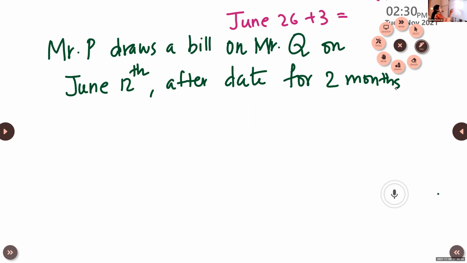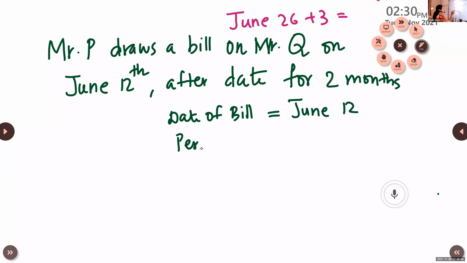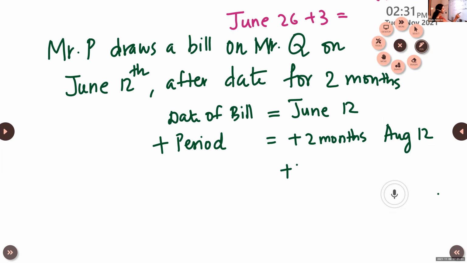So, date of bill is June 12, plus period of bill, 2 months. So you get August 12 plus 3 days grace.